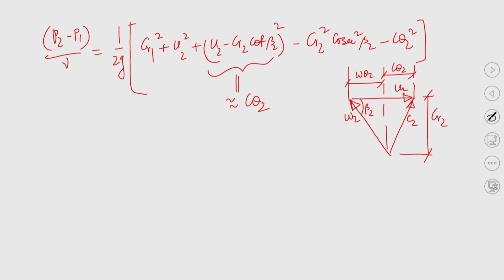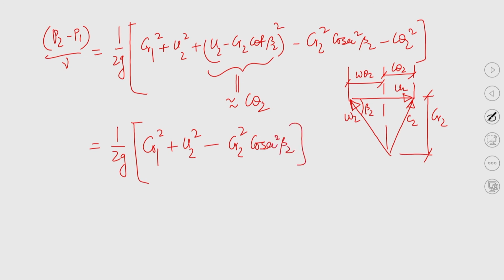Now, the expression can be written as 1 upon 2g into CR1 square plus U2 square minus CR2 square cosec square beta 2. So, that is P2 minus P1 divided by gamma.